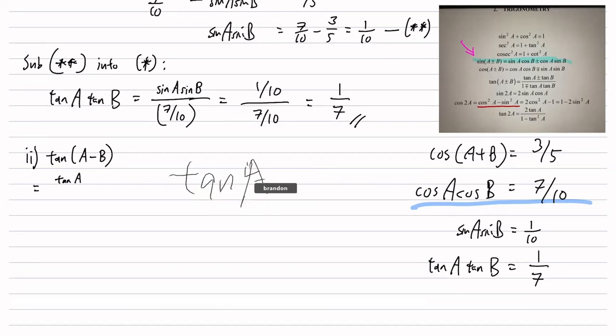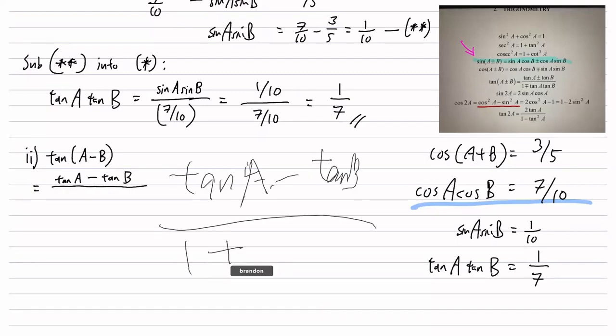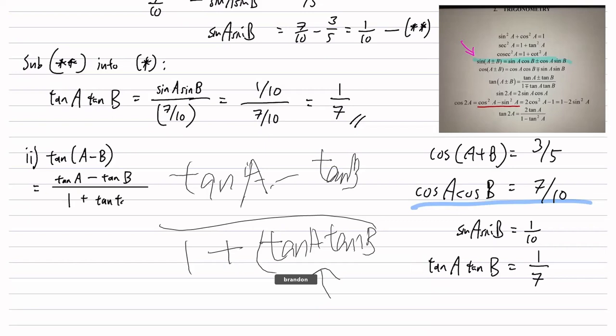Hey, wait, let me see. Oh, you're correct, sorry. Let me see again. Right, it's minus. I cannot remember. Tan A minus tan B, then all divided by 1 plus tan A tan B. Okay. Sub in this with 1/7. Good.